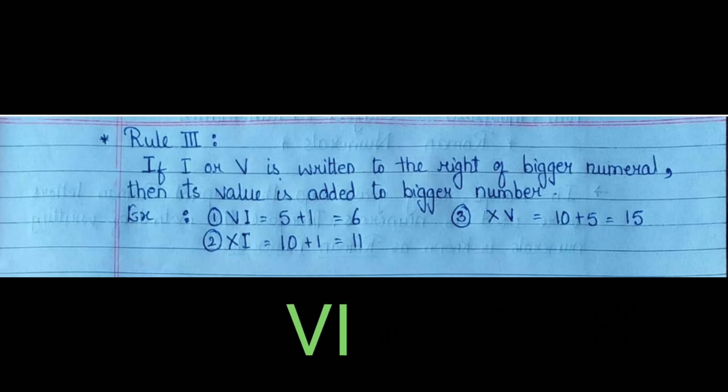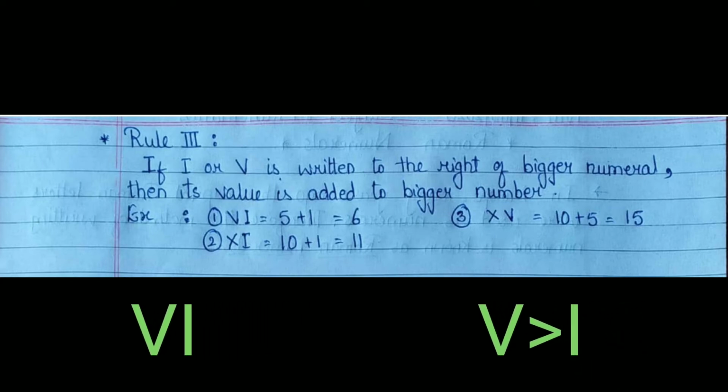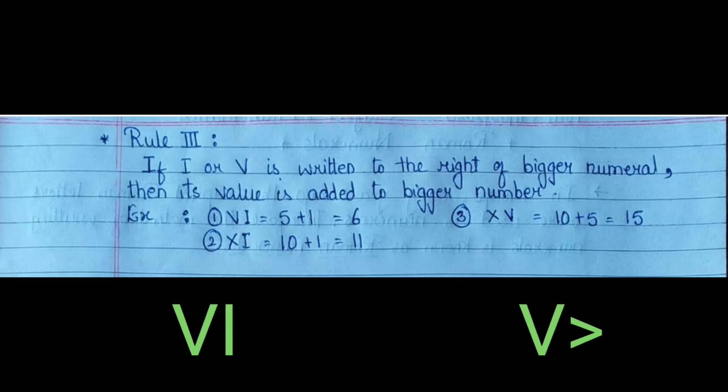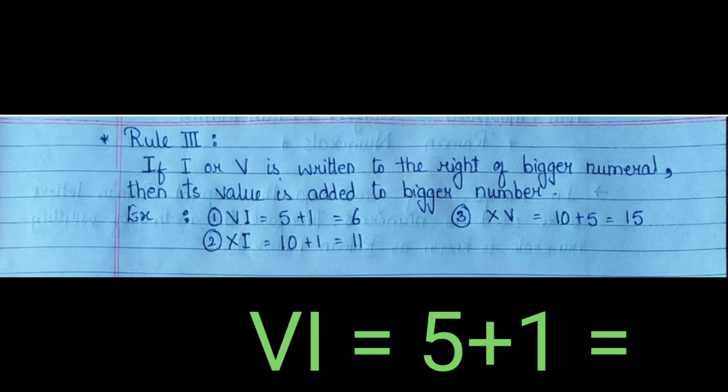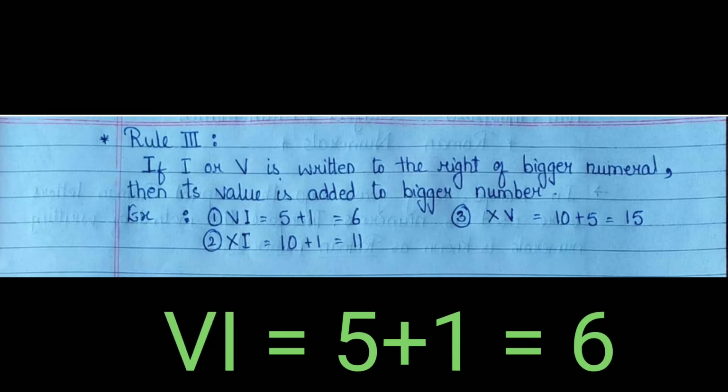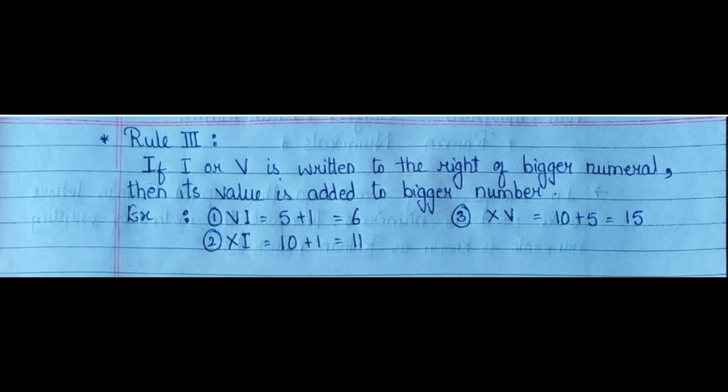Here value of V is 5 and value of I is 1. V is greater than I and I is written towards the right of bigger number V. So, we will add the numbers 5 plus 1, that is equal to 6. That means VI represents the number 6.